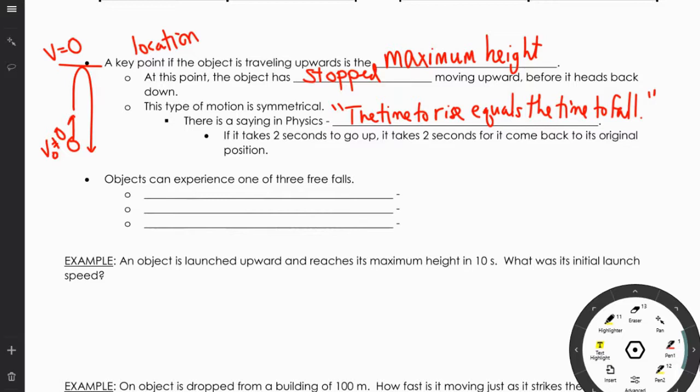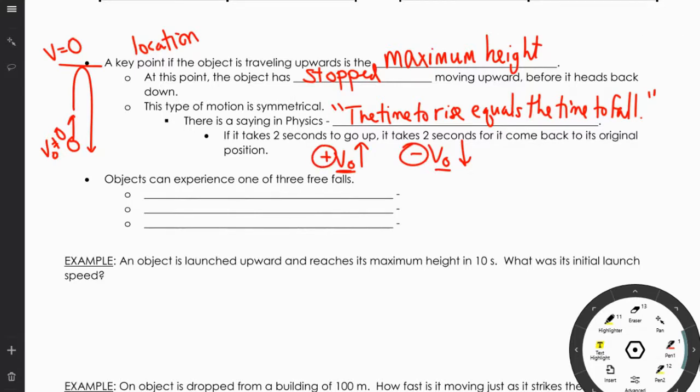Also, if I have a positive velocity upwards at a given height, I will have a negative velocity with the same magnitude at that same height. The only thing different is the signs.